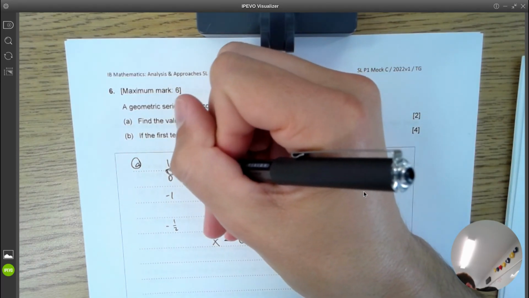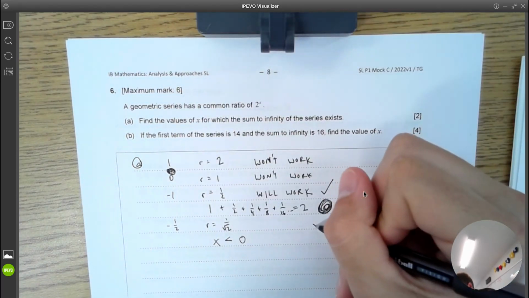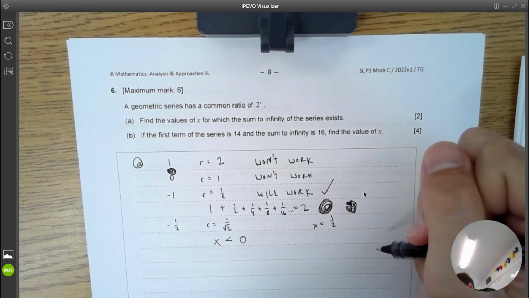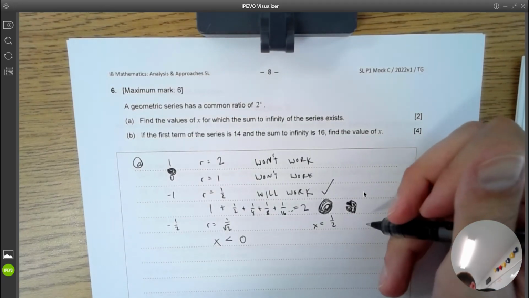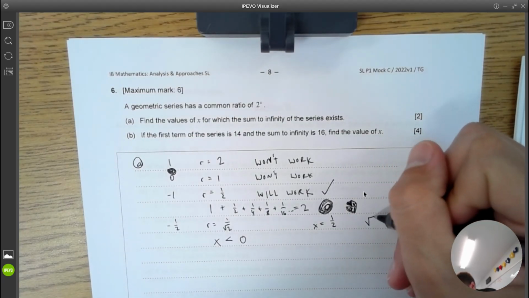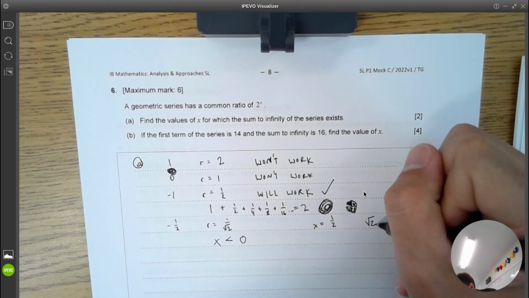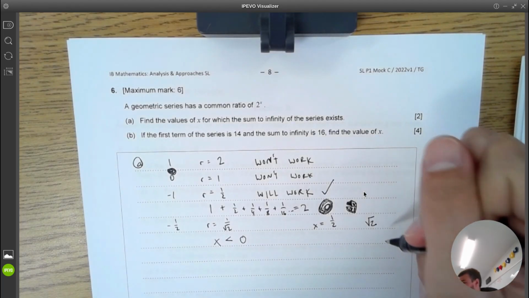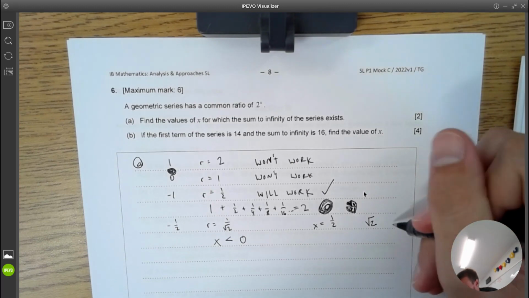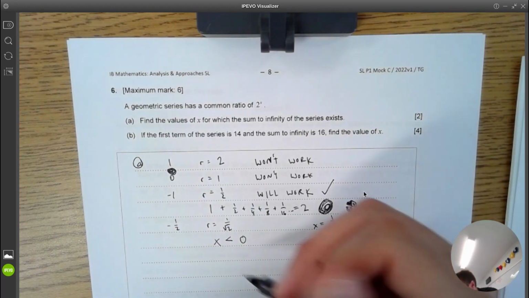What if it is something in this range? What if x is equal to 1/2? That means that it would be the square root of 2, but the square root of 2 is still a number bigger than 1. The square root of 2 is like 1.4, so I would still be growing. So I think we got it.